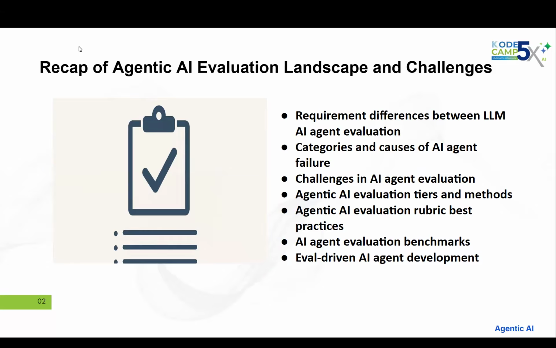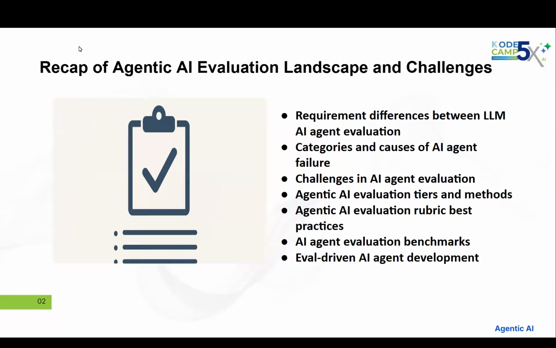And we also spoke about the challenges. So I've spoken about the categories, and now we went ahead to speak about the challenges in AI evaluation. So the first would be the state problem. The state problem is actually about environment volatility.